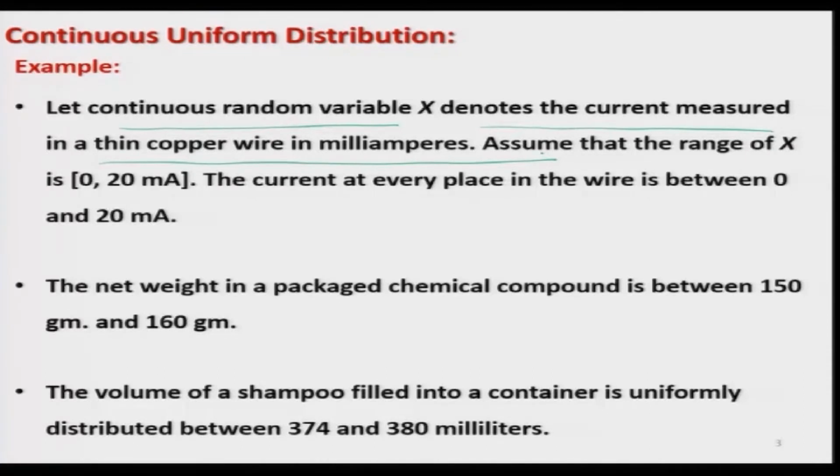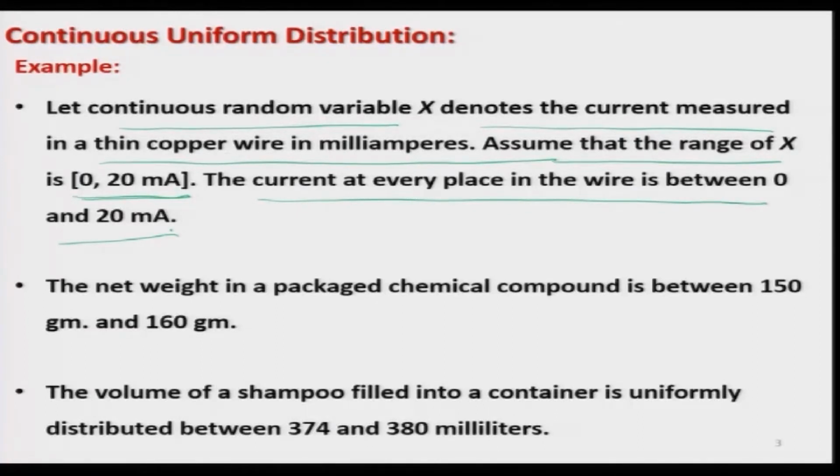So it is very difficult to make a statement like at this place the value of the current is 12 milliampere and at this point the value is 13 milliampere. Rather than making such statements, we can assume that the range of the current in the wire is between say 0 and 20 milliampere. So the range of the random variable X will be between 0 to 20 milliampere, and that will mean that the current at every point in the wire is between 0 and 20 milliampere.